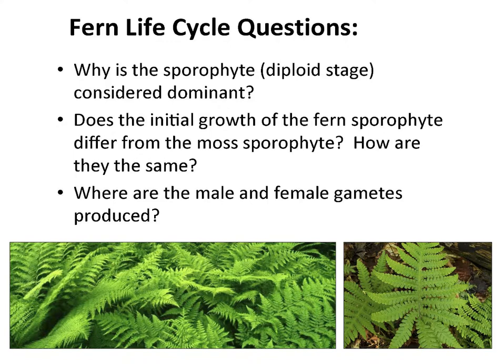First up, why is the sporophyte, which is the diploid stage, considered dominant? Next up, does the initial growth of the fern sporophyte differ from the moss sporophyte? If so, how are they different? Also, think, how are they the same? And finally, where are the male and female gametophytes produced?